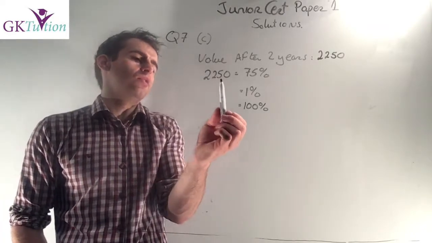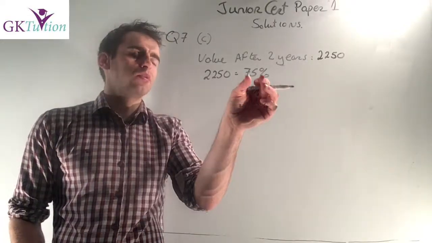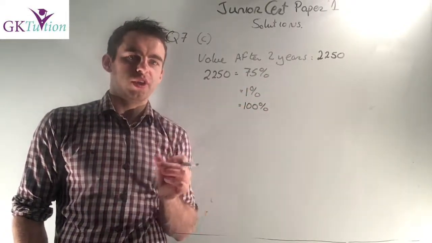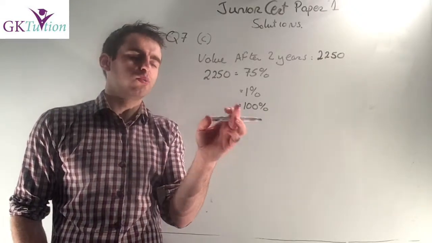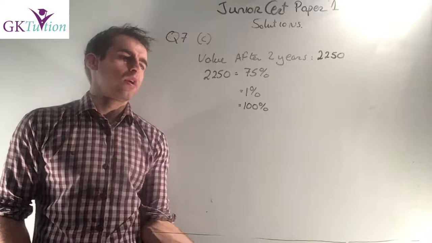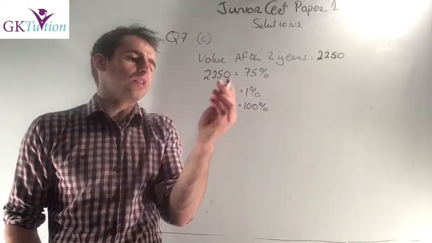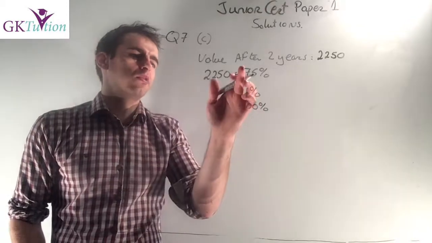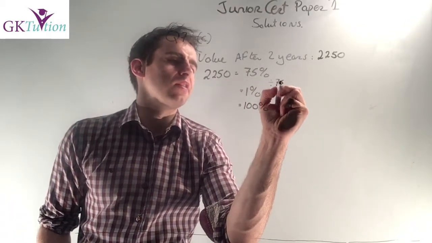So I could say the 2250 is equal to 75%. And I want to work out how much it was worth 1 year ago. In order to work that out, I need to work out what 100% was. So if I say that 75% is equal to this, the first thing I should do is get 1%. In order to go from 75% to 1%, you must be dividing by 75.